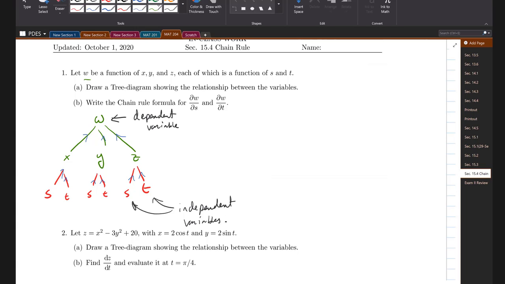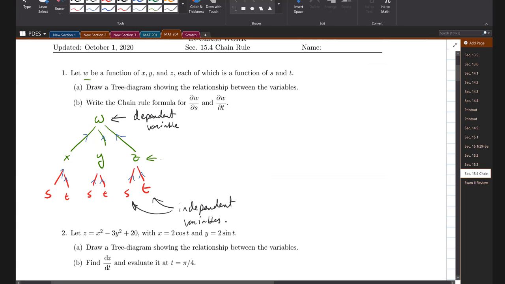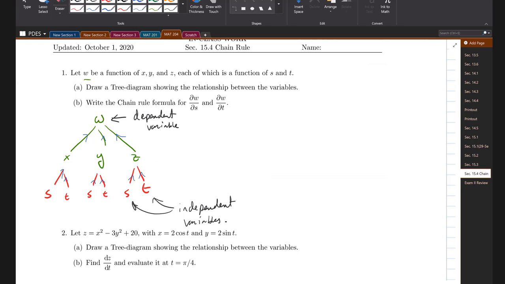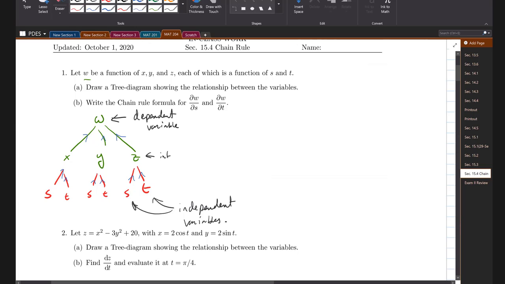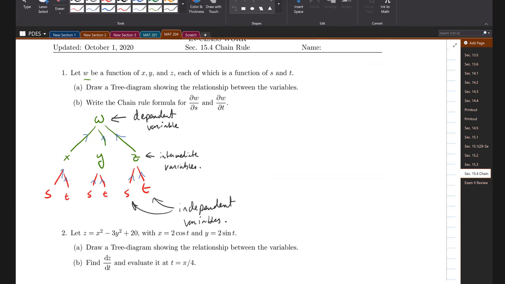And my x, y, and z are now called intermediate variables. Sorry, W, X, Y, Z, or just X, Y, Z? Oh, I'm sorry. My mistake. Yeah, you're exactly right, Hazan. Just x, y, z. Thank you. Good catch. Okay. Here's the picture of what's going on, folks.